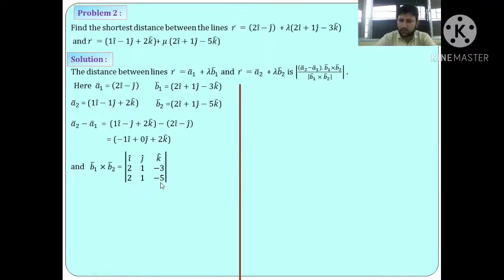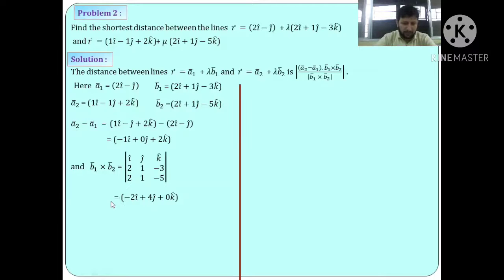Solving the determinant along the first row, I get b1 bar cross b2 bar as minus 2i plus 4j plus 0k. Then we need to find its magnitude.